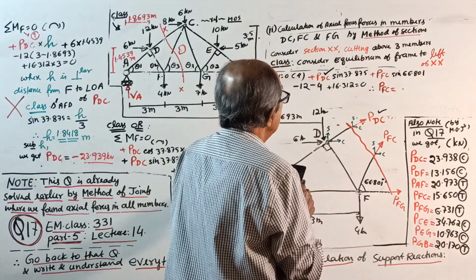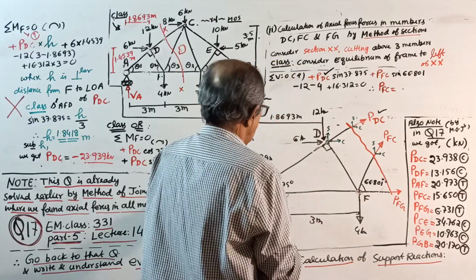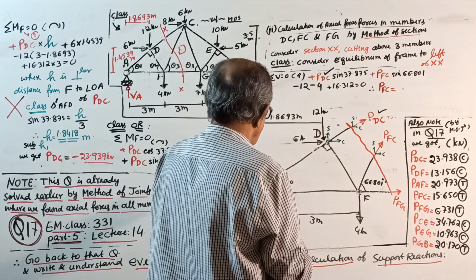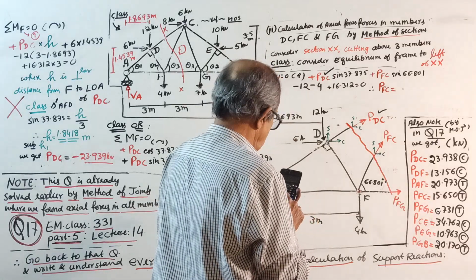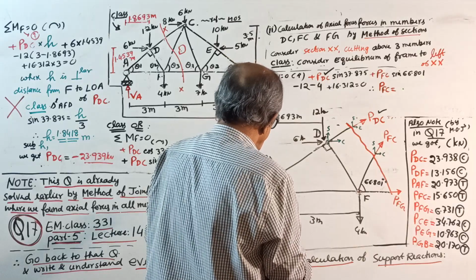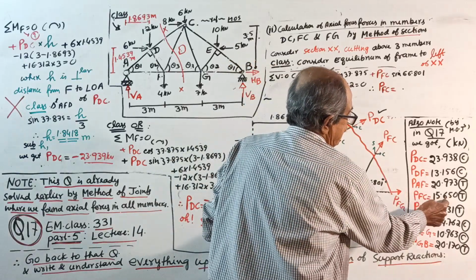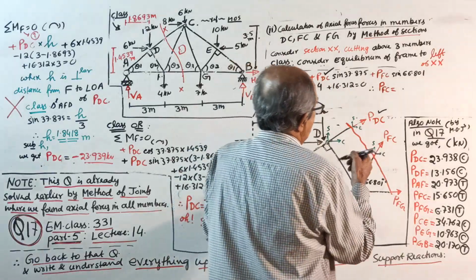Whatever I got, I'll divide by sine of 66.801 and multiply by the old value, that is, sine of the wrong value, 52.125. Plus 15.650.